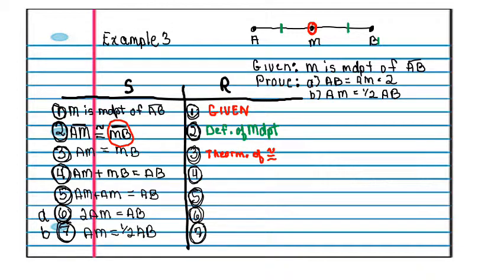Number 4, AM plus MB equals AB. And that is our segment addition postulate. We can add segments together. AM plus AM equals AB. And from number 3, we know that AM equals MB.